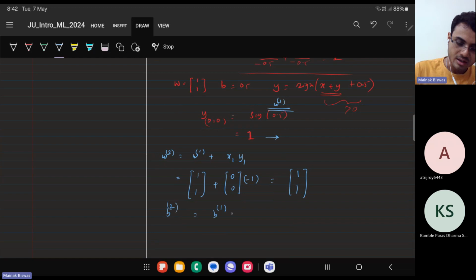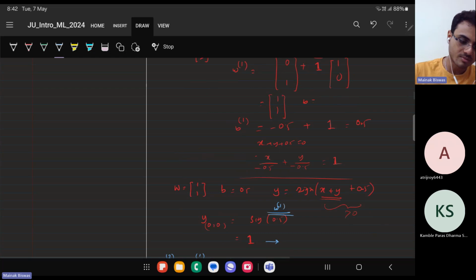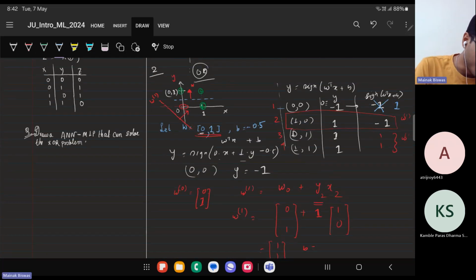It is equal to B1 plus Y1. This is 0.5 minus 1. So now you see your equation becomes x equal to 0.5. So it is x by 0.5 plus y by 0.5 equal to 1, which means this line now absolutely correctly categorizes both, right?